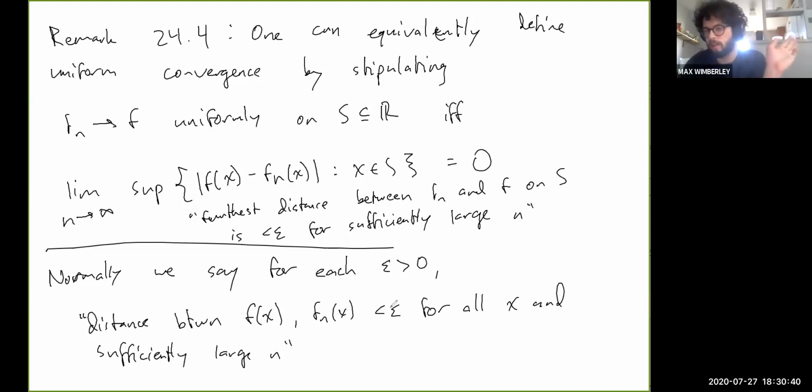If epsilon is an upper bound, then the supremum is less than or equal to epsilon, right? And since you can make the supremum less than or equal to epsilon for any epsilon, that shows the supremum has to go to 0 as n gets large. Okay. Does that help?